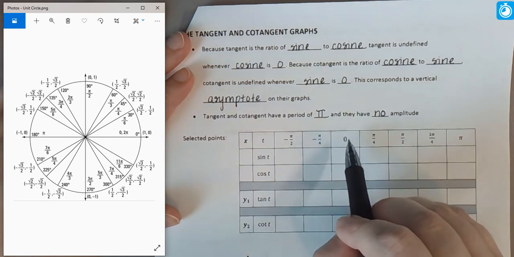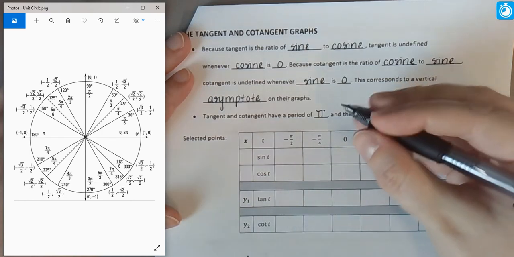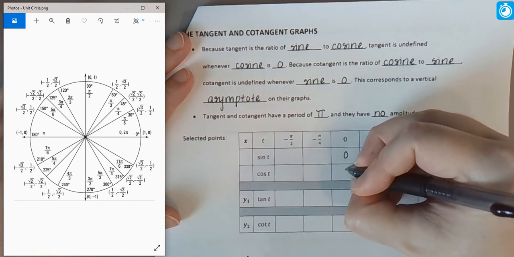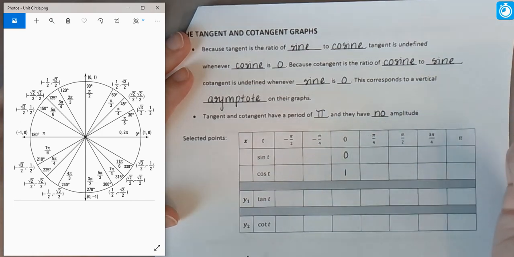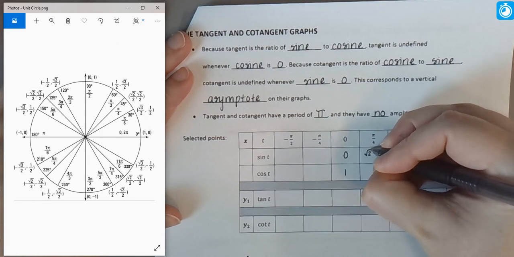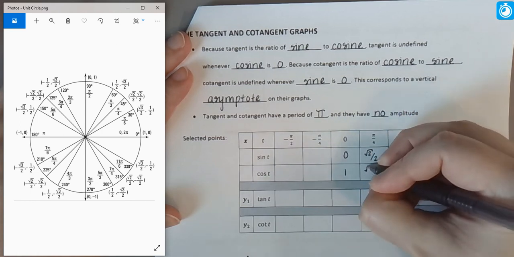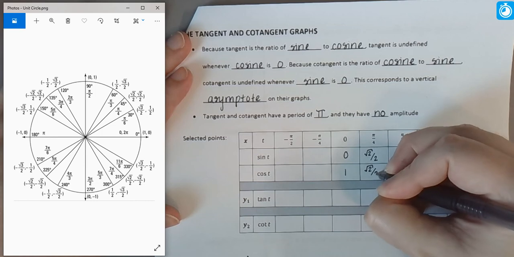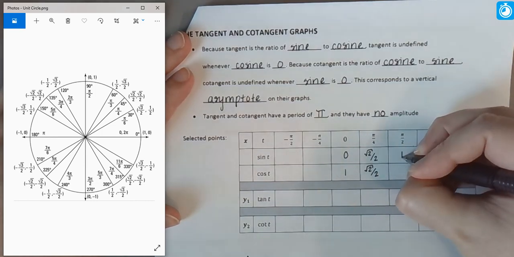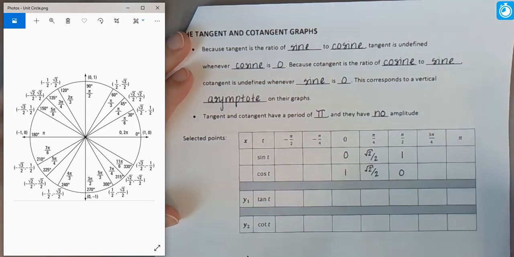So when we're at 0 radians, our sine, our y-coordinate, is going to be 0, and our cosine, our x-coordinate, is going to be 1. Now when we get to pi over 4, our sine is root 2 over 2, our cosine is also root 2 over 2. When we get to pi over 2, our sine is going to be 1, and our cosine is going to be 0.